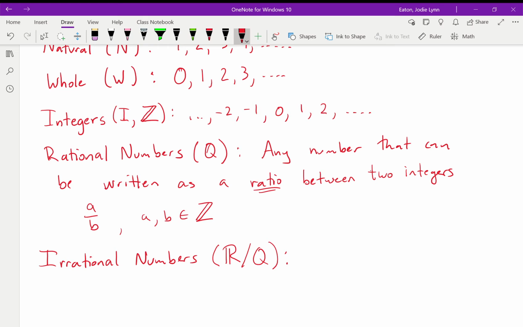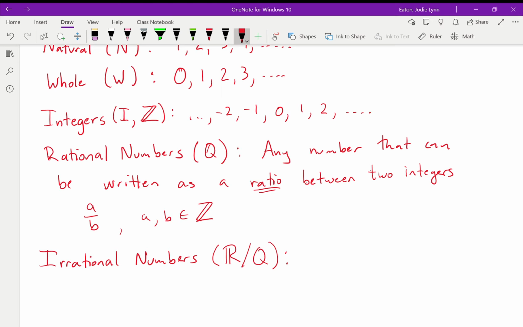We're able to write any whole number as a ratio between two integers. Any fraction clearly can be written as a ratio between two integers. Any decimal that stops can be written as a ratio between two integers if it terminates. And any decimal that repeats can also be written as a ratio between two integers.